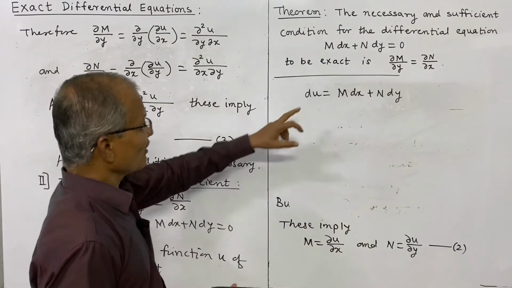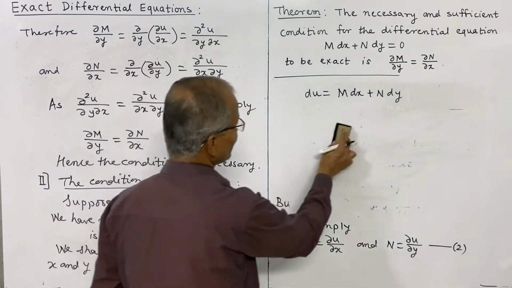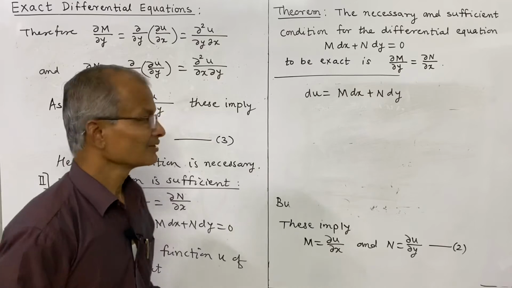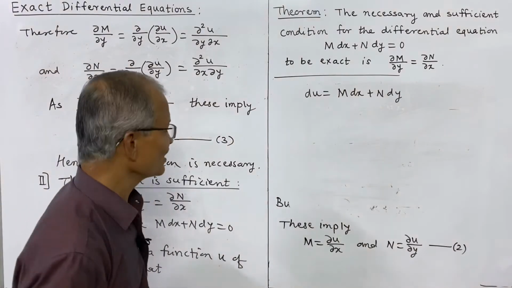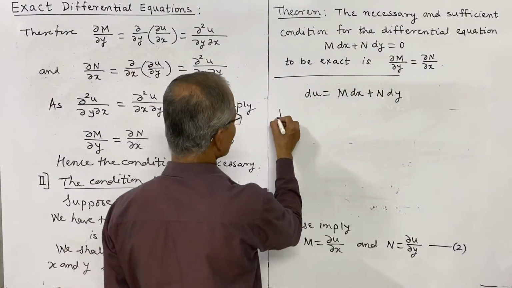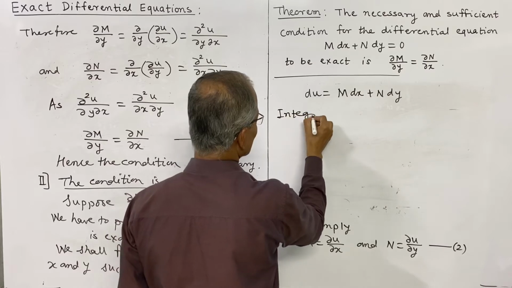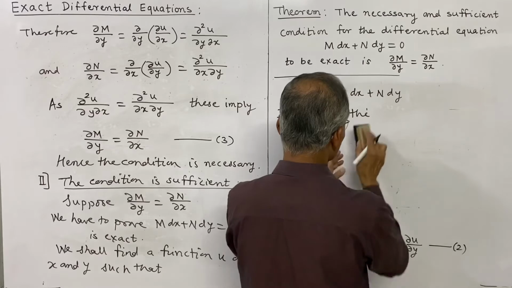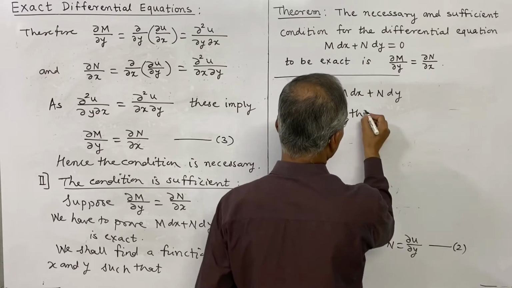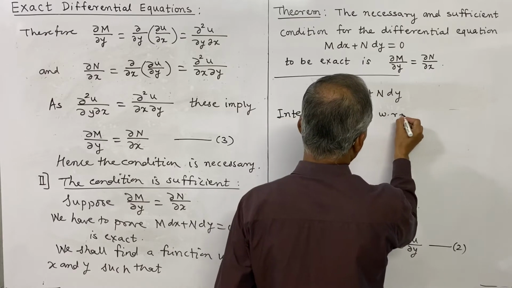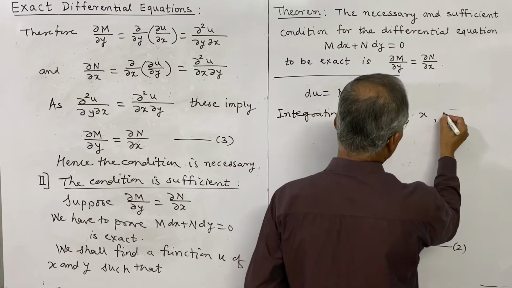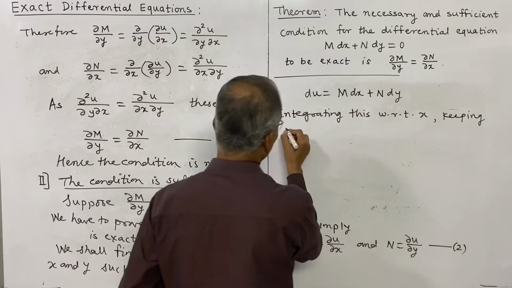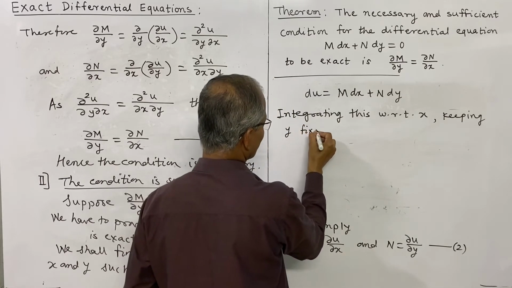Now what we shall further do is integrate this with respect to x, treating y as constant. That is a partial integration, integrating with respect to x, keeping y fixed or constant.